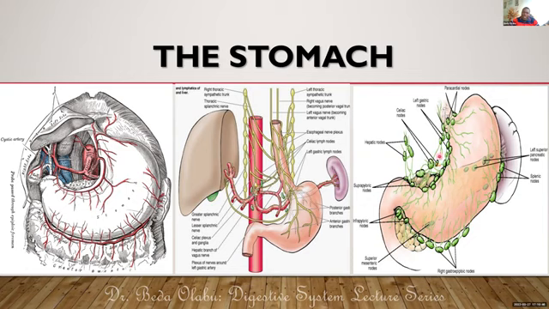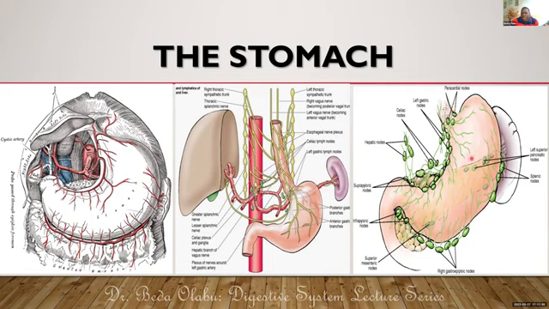So the lymphatics also drain eventually to the celiac nodes. The patterns of how the lymphatics will run could be very complex and extensive, but eventually they go there.